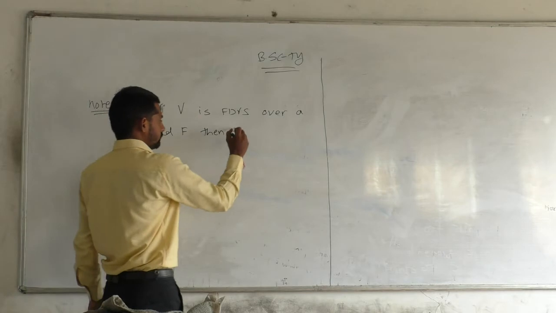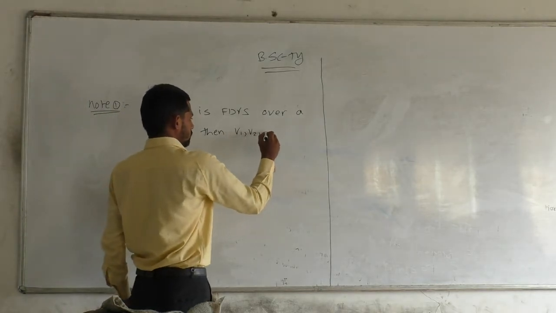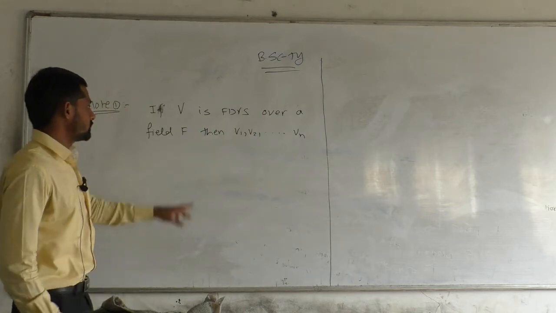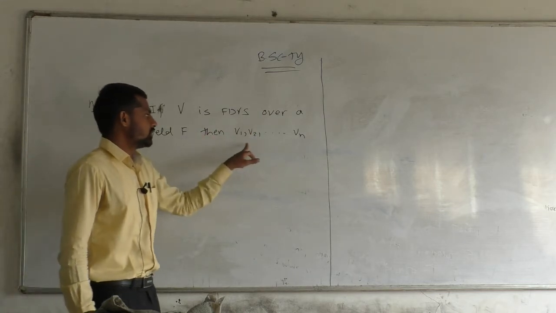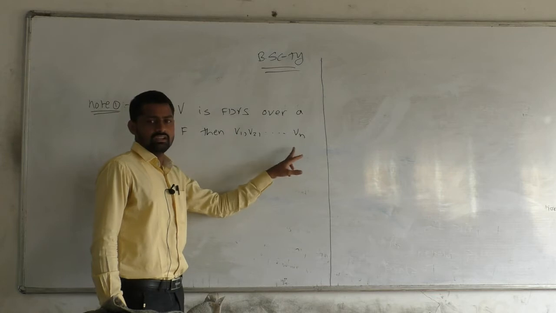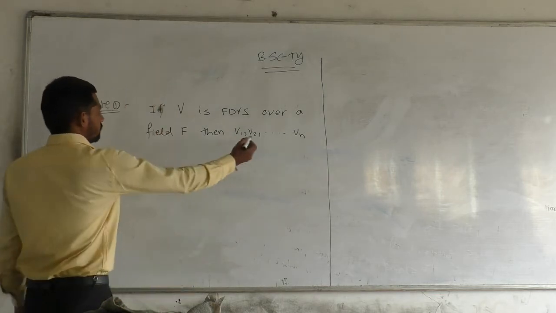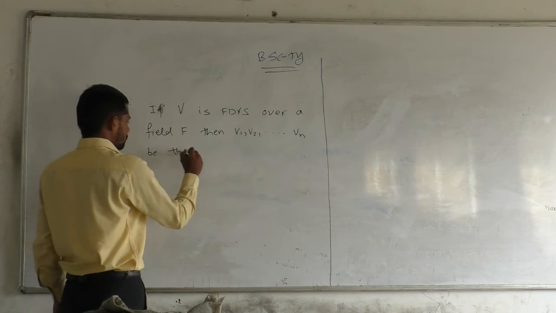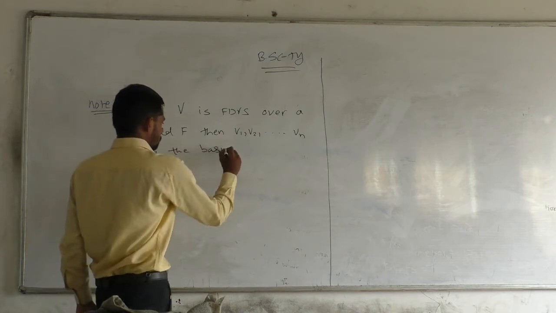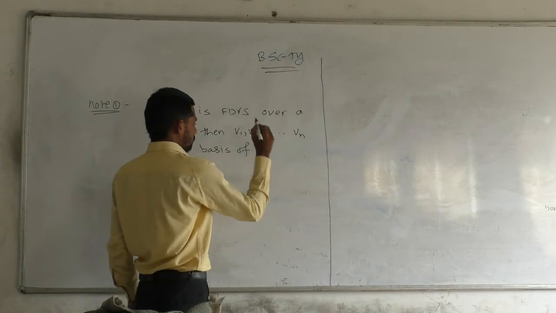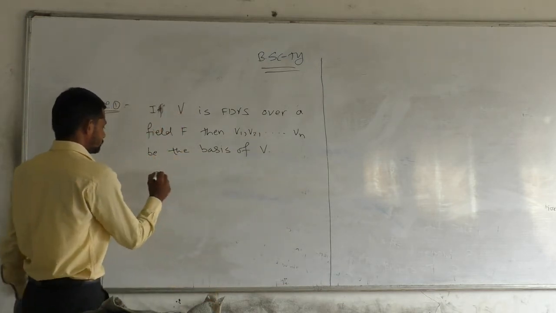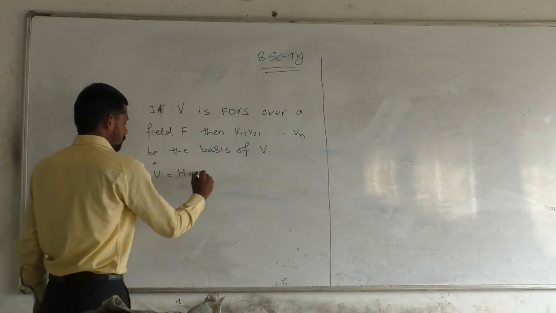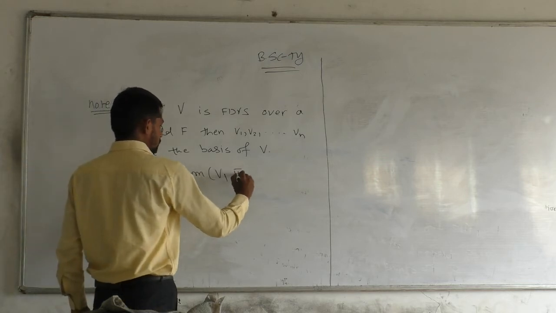So let v1, v2, ..., vn be the basis of V. That is, the dimension of the vector space V is n, because the basis of V contains n elements. Now let V dual be the homomorphism of V to F.